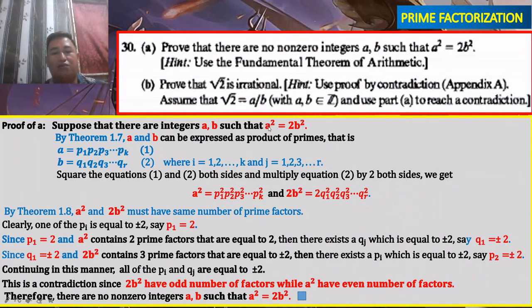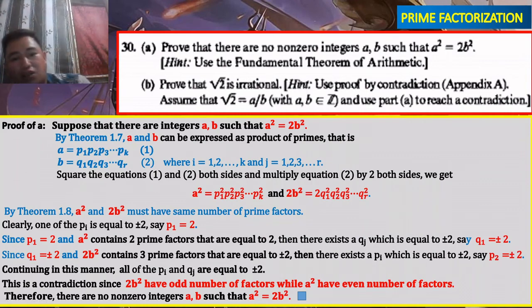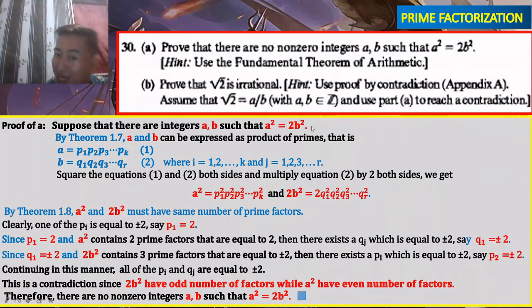Dili pwede kay 1 squared is equal to 2 times B squared, 2 man ang sugod sa pikas. So even number ning pikas nga side, so di gyud pwede ang 1 kay 1 squared is 1 man. So di pwede ang 1 o negative 1, wala na silang duha.